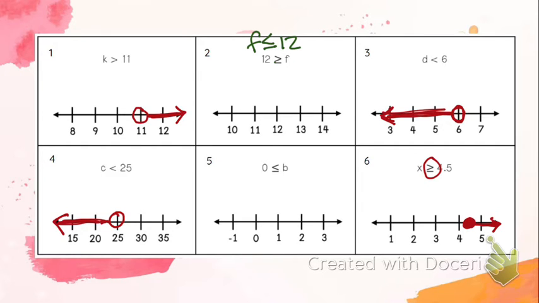F is less than or equal to 12 means I'm going to put a closed circle at 12 because of the equal to, and I'm going to go left right there, okay? Now the bottom one, 0 is less than or equal to B, so then I also need B is greater than or equal to 0. I flip the symbol when I flip the numbers here.